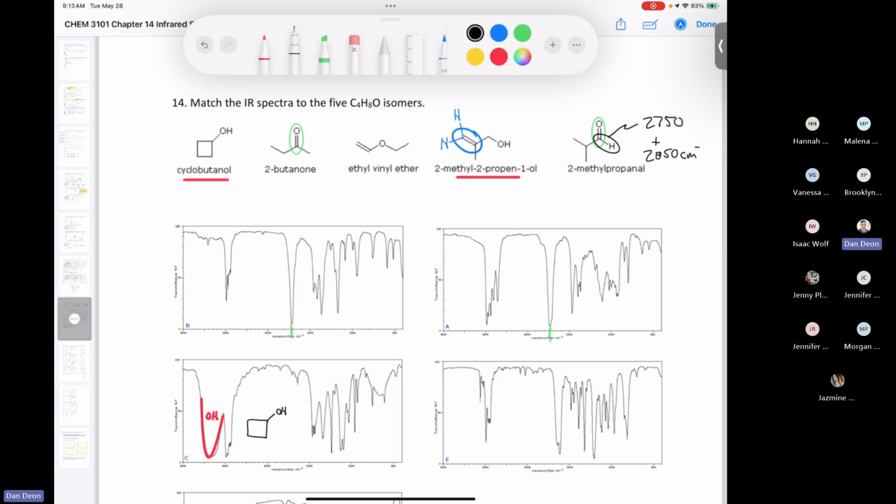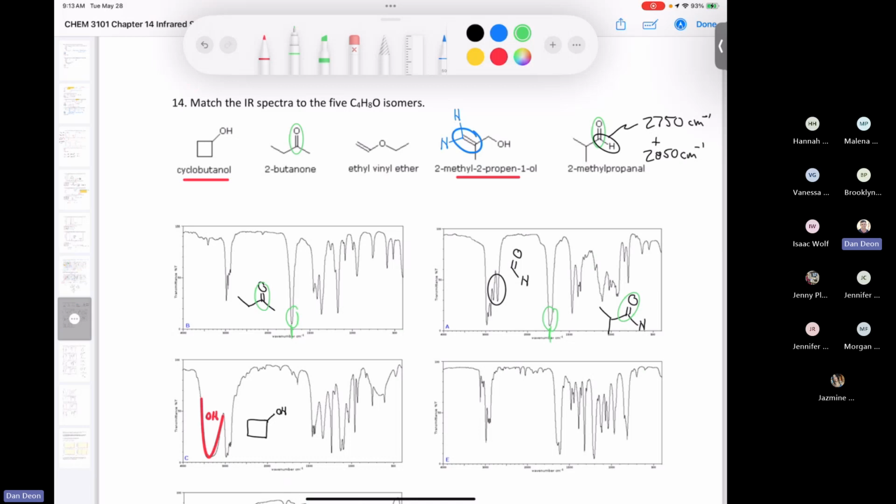We see weak stretches, and I can see them right here. So this is the aldehydic carbon-hydrogen stretching. So this one must be the aldehyde, and so we'll put the aldehyde for this one here. This is our carbonyl stretch here, and then the first one must be the ketone, so we'll scribble the ketone here, and again, this must be the stretch here.